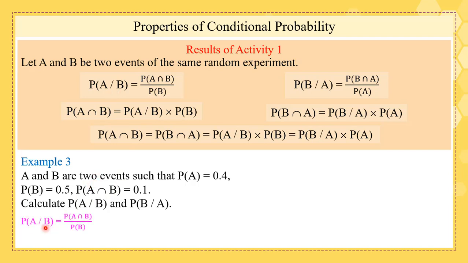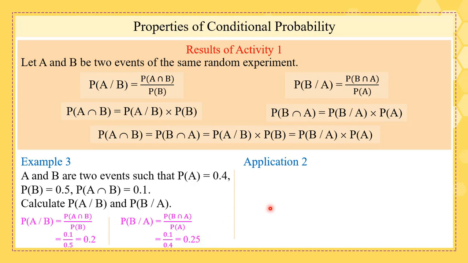So for P of A given B, it's P of A intersection B over P of B. I know A intersection B and I know B, so it will be 0.2. And for B given A, it's also a formula. It will be B intersection A over A, and probability of B intersection A is equal to the probability of A intersection B, so this would be 0.1 over 0.4, which is 0.25.